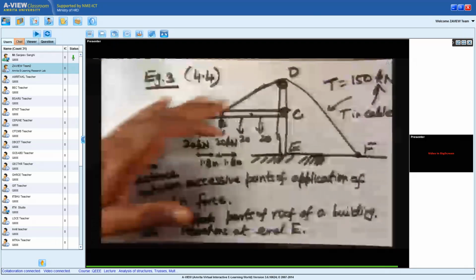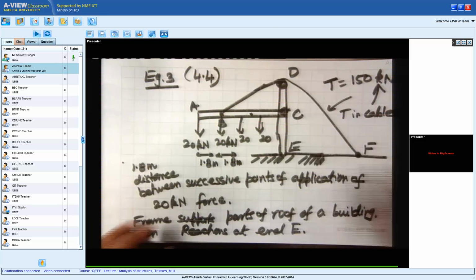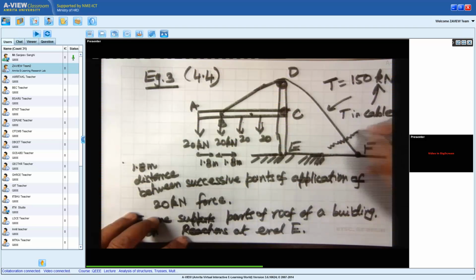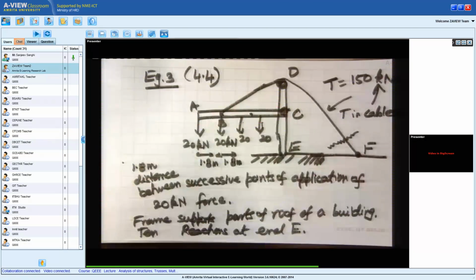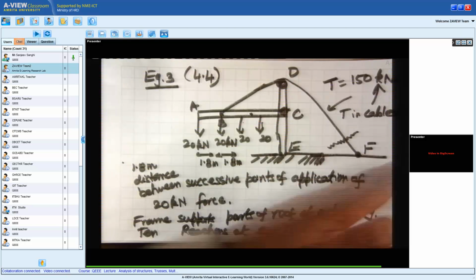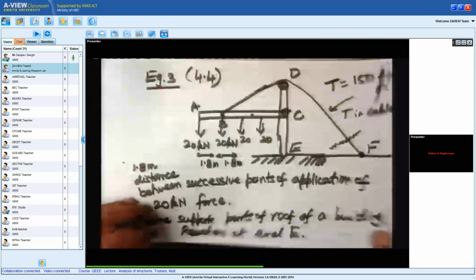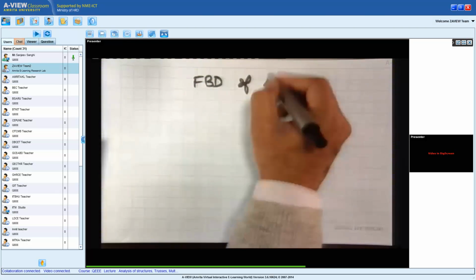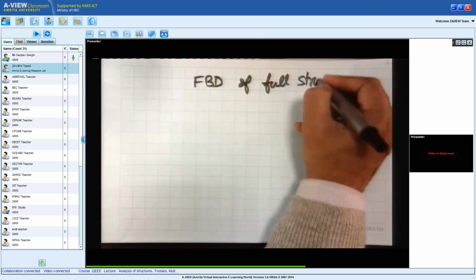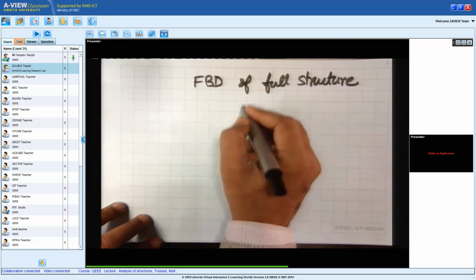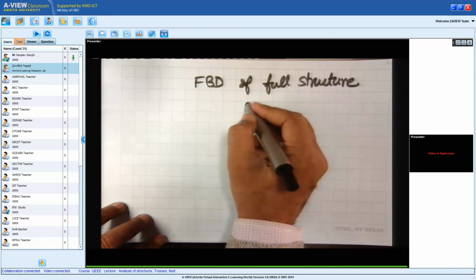So now the best thing to do in this would be to cut the string somewhere along DF, and we will cut the string at DF very close to the point F. So we draw the free body diagram of the full structure. So when I draw the free body diagram of the full structure, let me first show this structure.